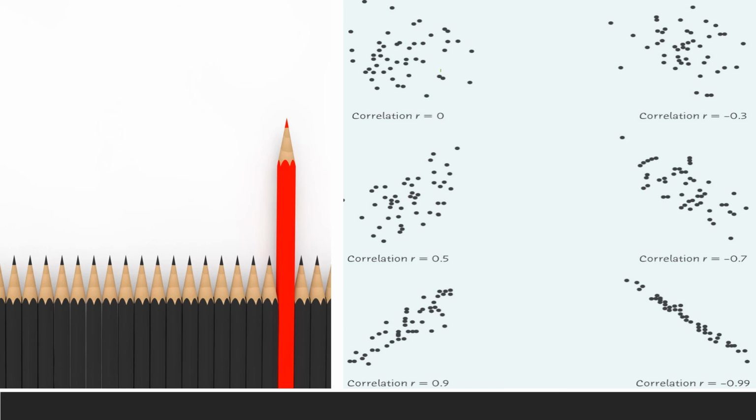This diagram helps us to understand how to guess the value of r. In the first diagram, since the values are all scattered, r is 0. In the first column, second diagram, it has a positive slope and r is approximately 0.5. The third one has a positive slope and the points are closer to a line, so it is approximately 0.9.